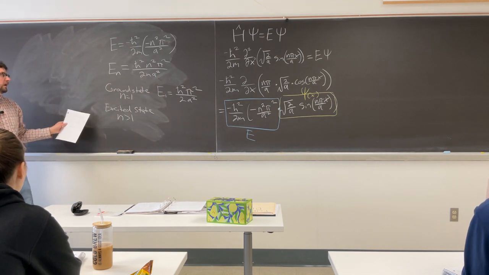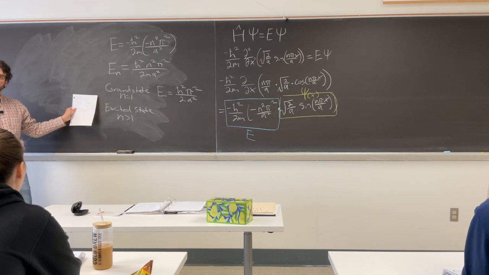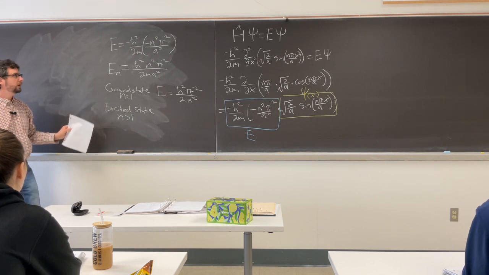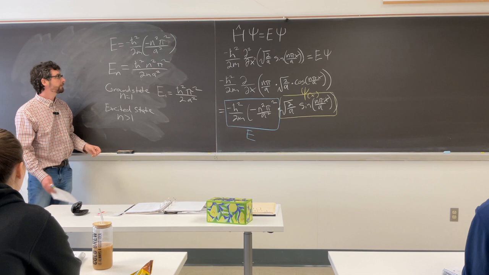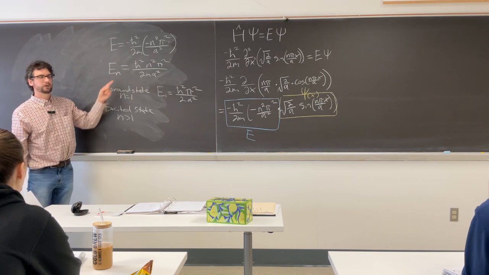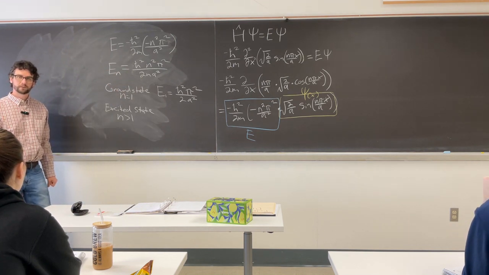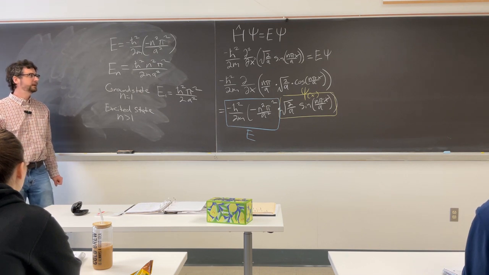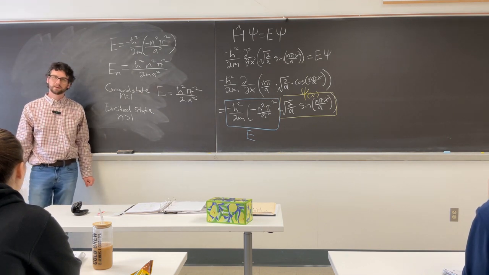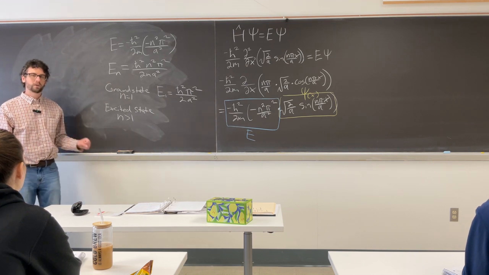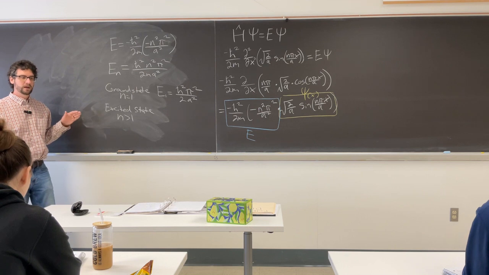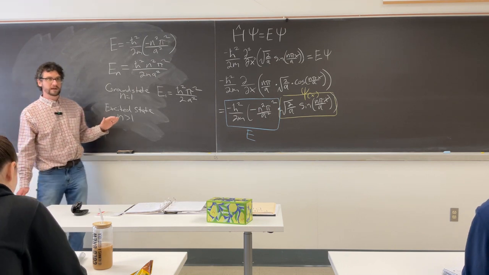Are there any questions about this one? Okay. The value of the energy, what do you notice? You plugged everything in, it's always going to be what? Yeah, will always be a positive value. That's a bit different than what you guys see in lab.